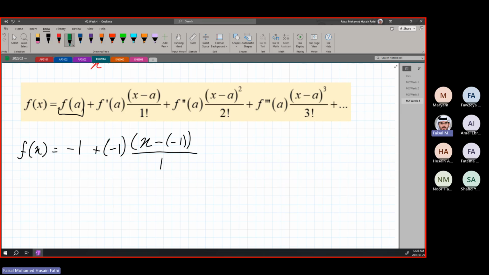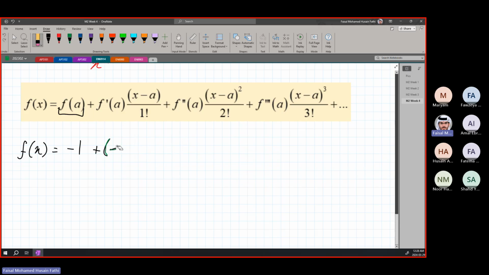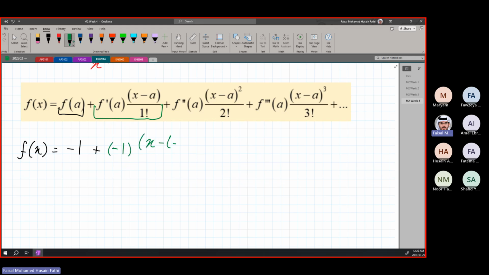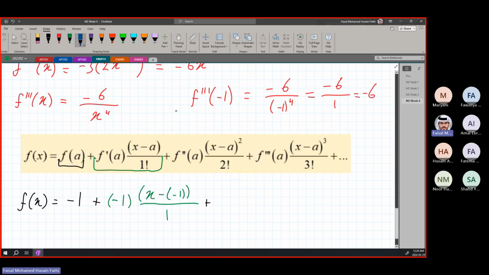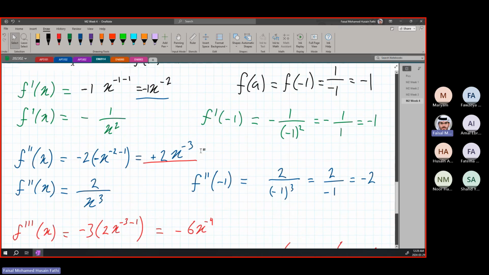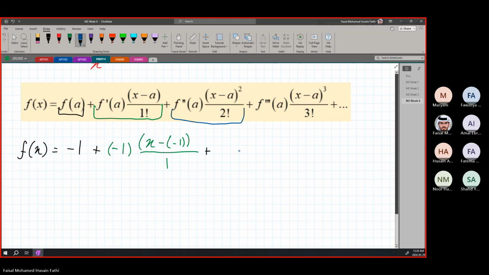So this is our first derivative part. Let me rewrite it just in green so there is no confusion. Minus 1, which we got from f of a, minus 1 times x minus minus 1 divided by 1, plus. Now the second derivative, this part is the second derivative. We found it to be minus 2 times x minus a, which is minus 1, squared divided by 2 factorial, which is 2 times 1.